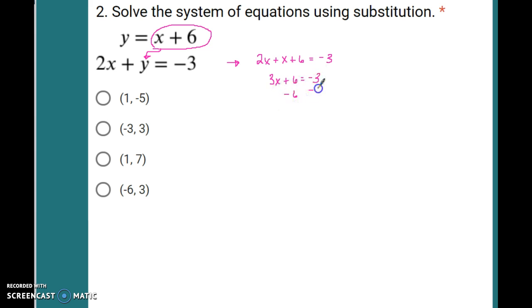Subtract the 6 from both sides. We end up with 3x is negative 9. Divide both sides by 3, and we end up with x is negative 3. We can plug that in to the first equation to find the value of y, which is 3. So the answer is negative 3, 3.